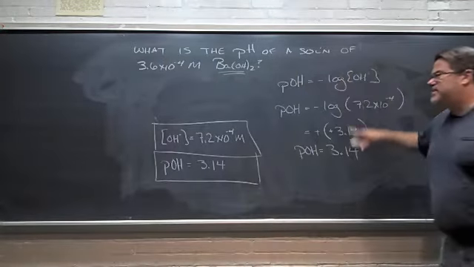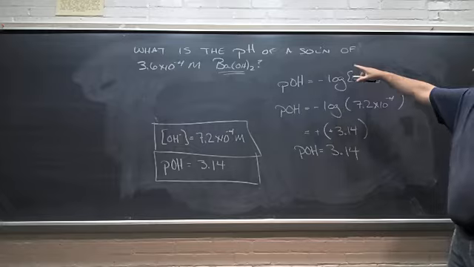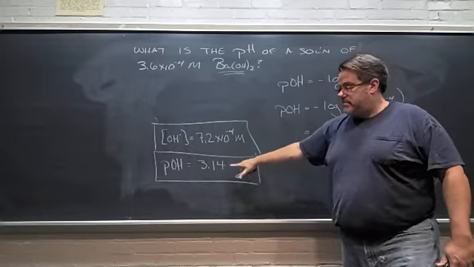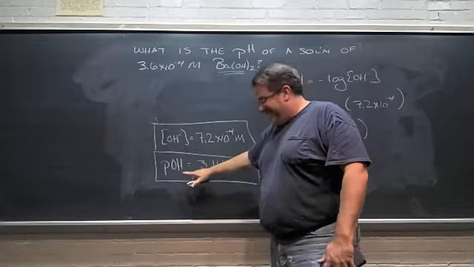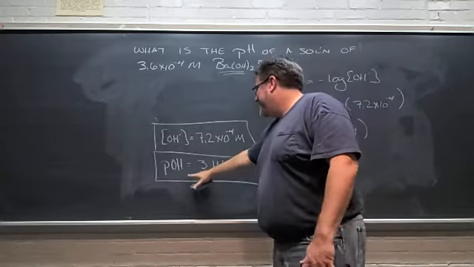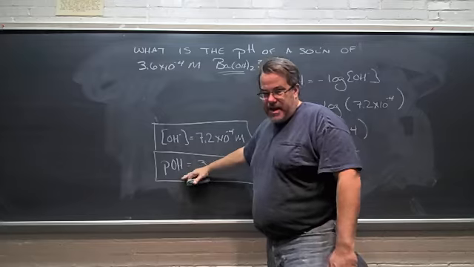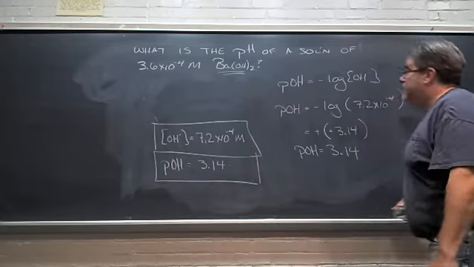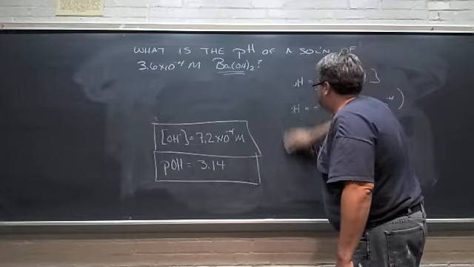That might seem surprising because our solution is basic, so we'd expect this to be greater than 7, right? No, not right. This should not be higher than 7 because this is the pOH and not the pH. Our pH should be greater than 7.